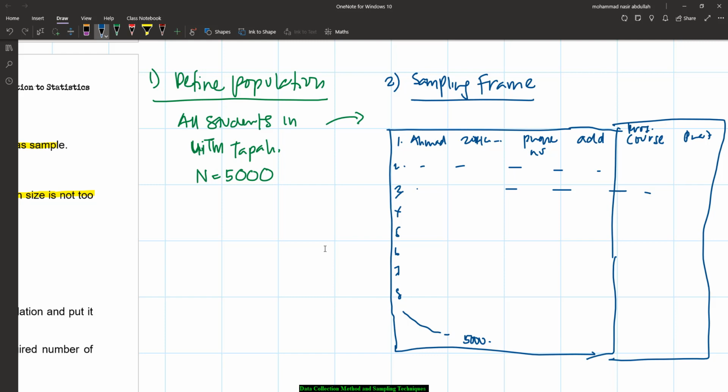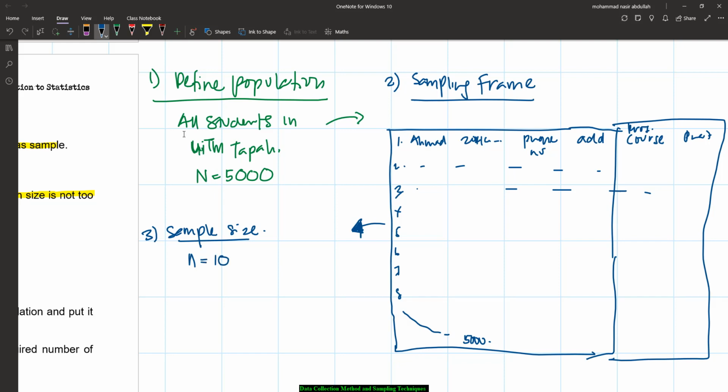This is the process. Remember, it is very simple but a very tedious process. Step number 3: we need to determine the sample size. So what is our sample size? Let's say we have done our sample size calculation. Out of 5000, we want to select only, let's say, 10.